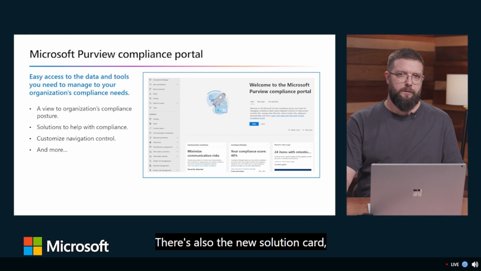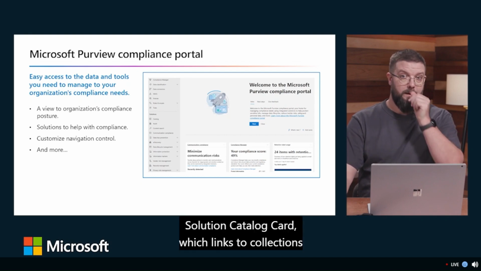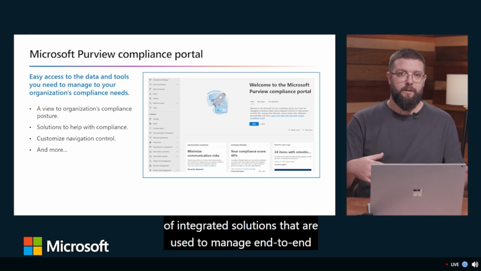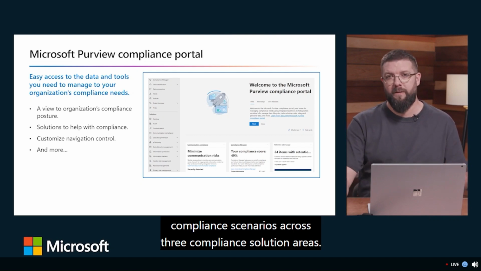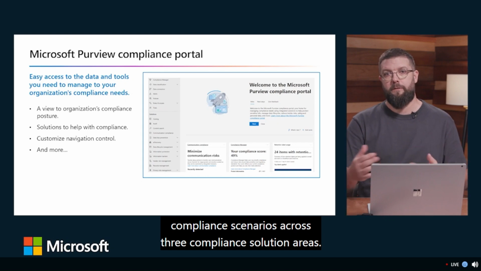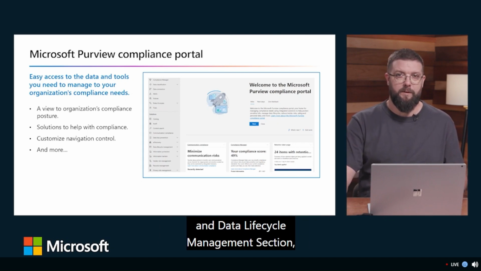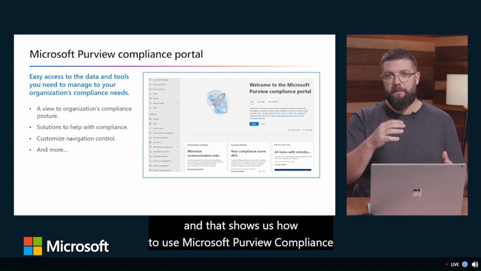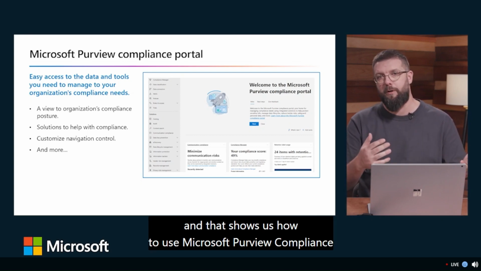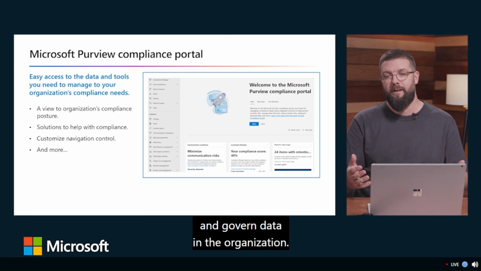There's also the new solution catalog card, which links to collections of integrated solutions that are used to manage end-to-end compliance scenarios across 3 compliance solution areas. So we've got the information protection and data lifecycle management section, and that shows us how to use Microsoft Purview compliance solutions to protect and govern data in the organization.